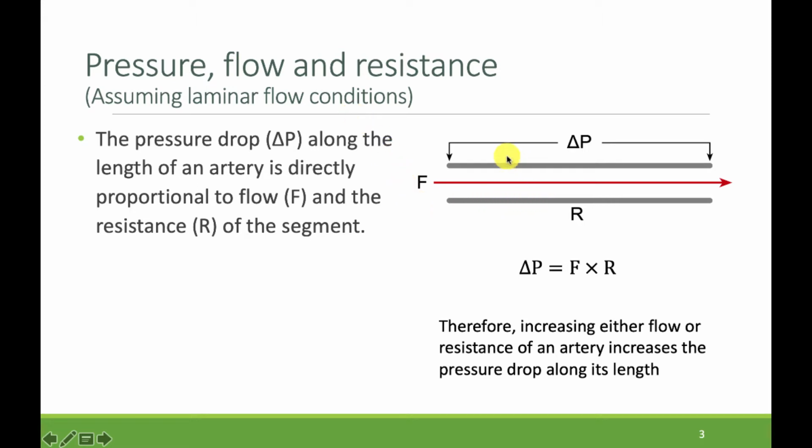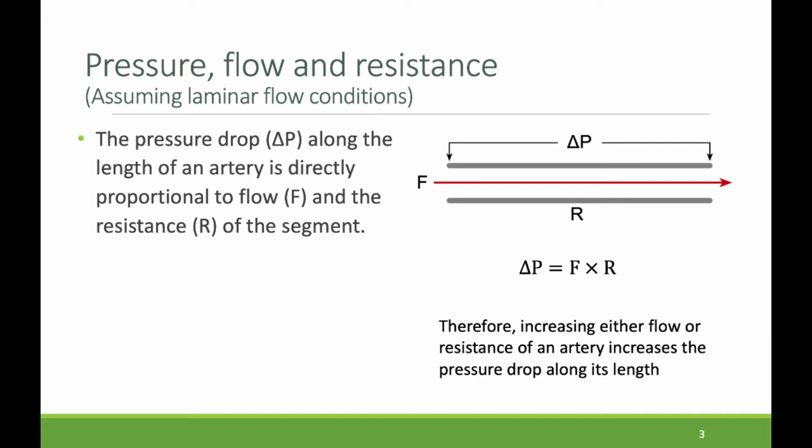So we have a vessel here, an arterial segment, and we have a certain flow that is passing through that vessel. Well, the flow through this vessel, because it is against a resistance, which I'll describe in more detail in the next slide, will generate a pressure drop along the length of that vessel. So there'll be a certain inlet pressure and an outlet pressure somewhere further down the vessel length.